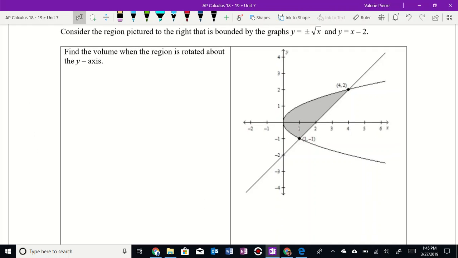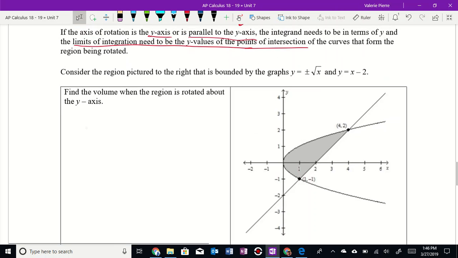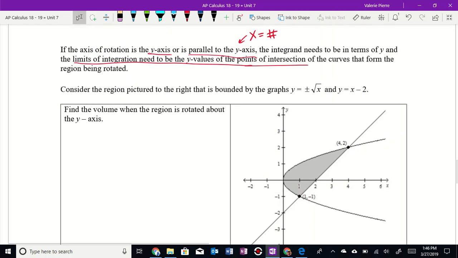So we're going to consider the region pictured to the right that is bounded by the graphs y equals positive and negative square root of x and y equals x minus 2. So because we're going to be rotating about the y-axis, there's a few things that we also need to do.